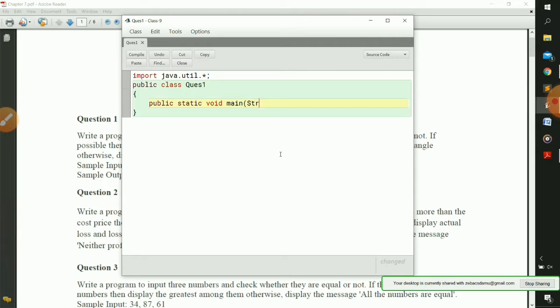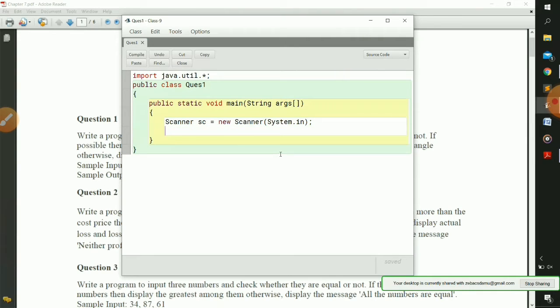In these brackets you need to write down your actual solution. Over here, we need to take input and we are using the util class, so we have to make an object of Scanner as well. That is why firstly make an object of Scanner: Scanner sc equal to new Scanner, and in brackets System.in.